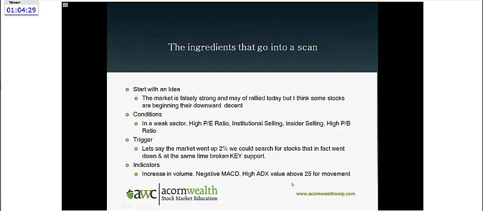In markets such as May, June, July, where things can start going more sideways, we definitely want a high level of movement within the stock. So we can look for a high ADX value above 25 to indicate a strong move down: negative MACD, high ADX, strong movement.